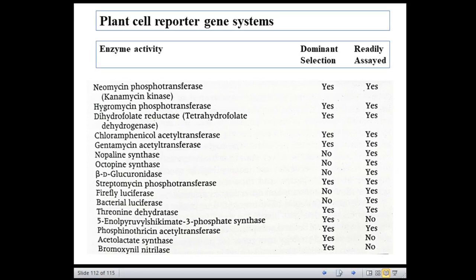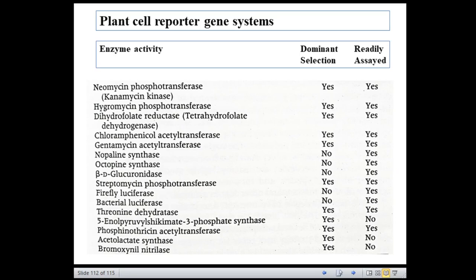Many of these reporter genes are from bacteria and have been equipped with plant specific regulatory sequences for expression in plant cells. The dominant marker selection provides a direct means of obtaining only transformed cells in culture.